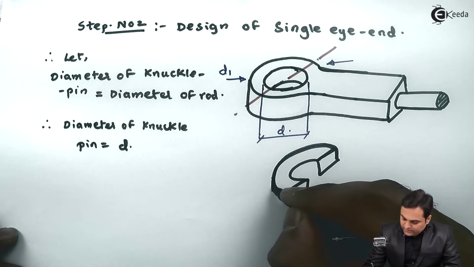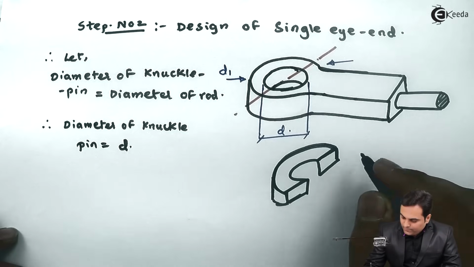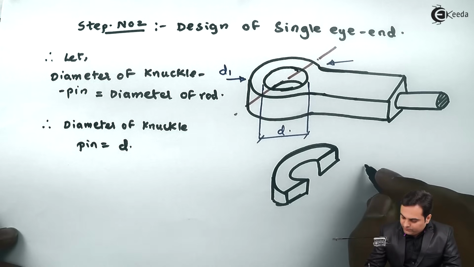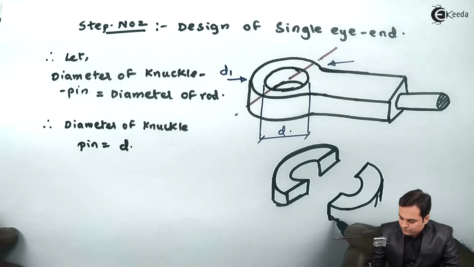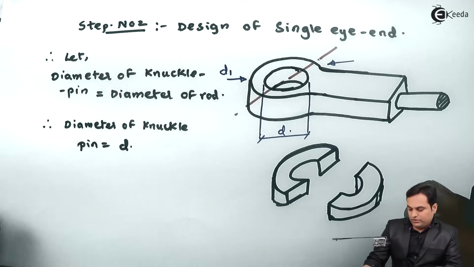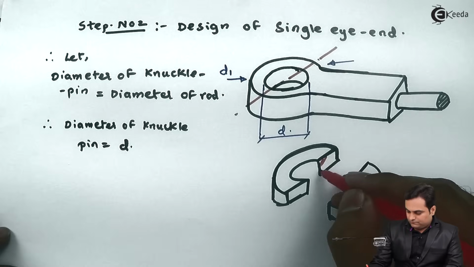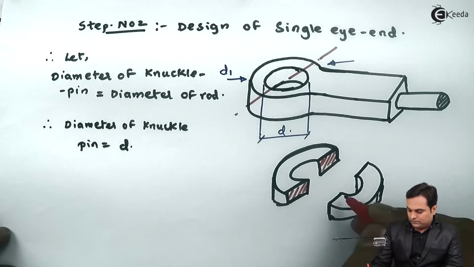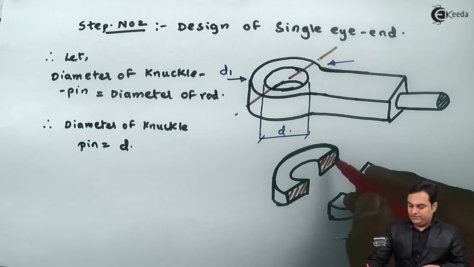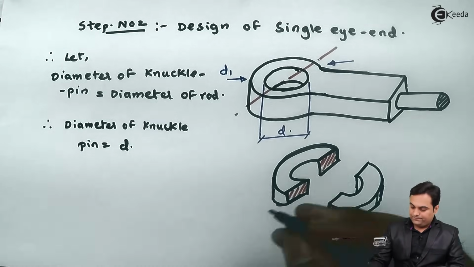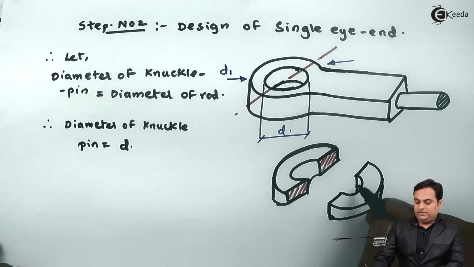This is the single eye end after it has failed under tension, and another portion would be in front of it. So here the single eye end would be splitting into two parts like this. So this is a tensile failure, and here we are getting this as the resisting area. These portions are the resisting area.